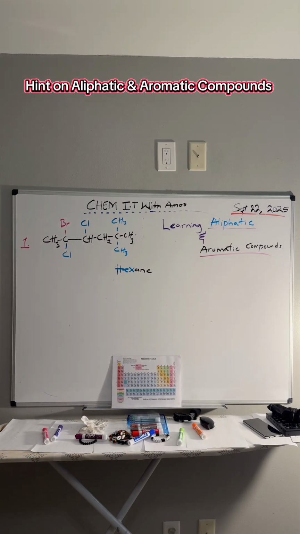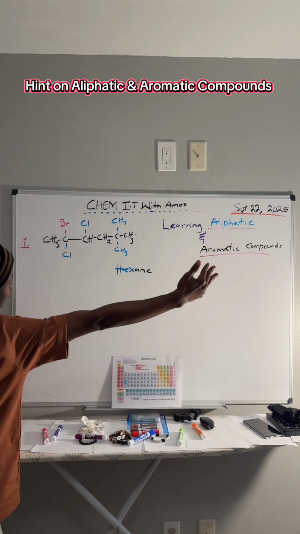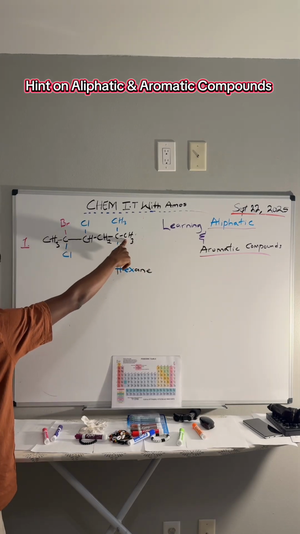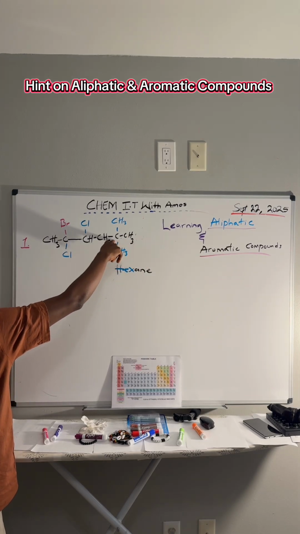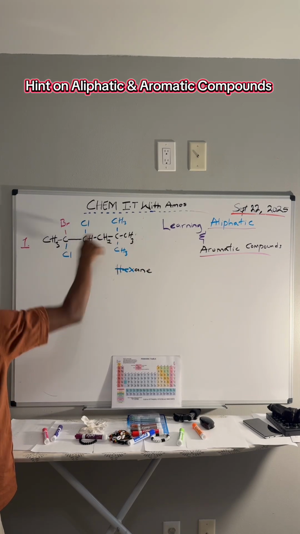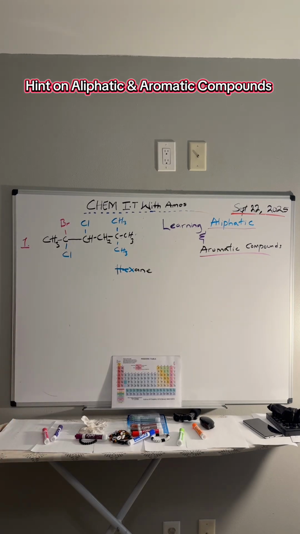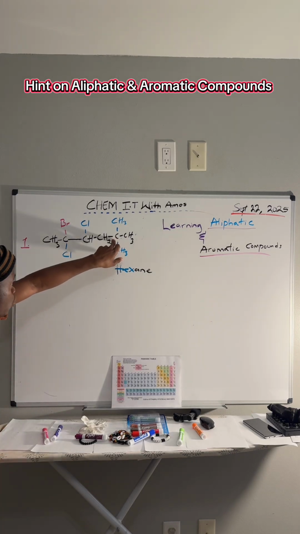Okay. So the next thing is to look at this. If you are counting, if you look here, the first one has no branch or substituent, but the second one does. So likewise, if you try to count from this aspect, the first one does not have anything, and the second one does have things attached to it. So in this case, you can count from anywhere because the second one has a substituent or a branch.